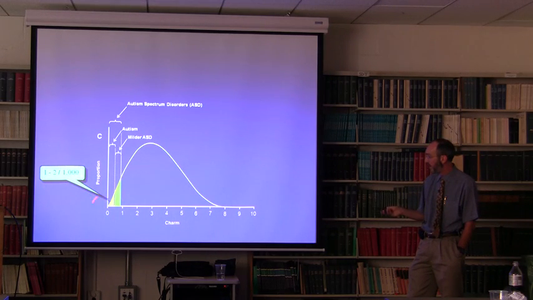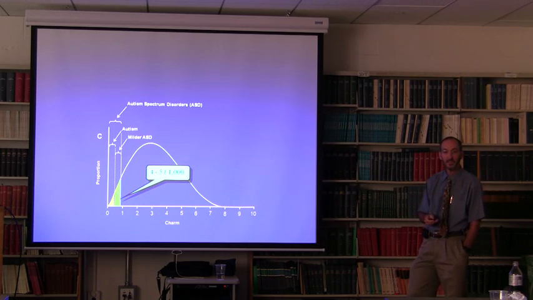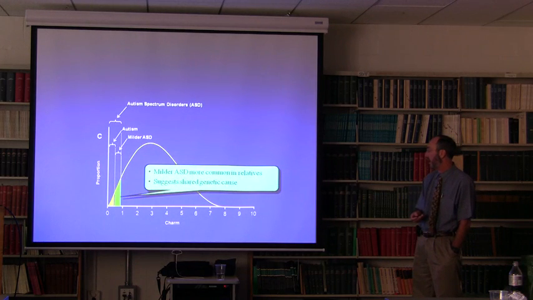Whereas 1 to 2 per 1,000 have autism itself, another 4 or 5 have the milder ASDs. And milder ASDs are more common in relatives, suggesting a shared genetic cause.